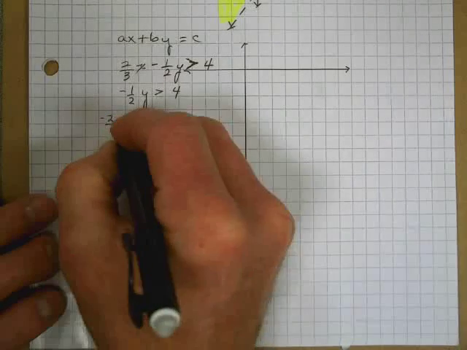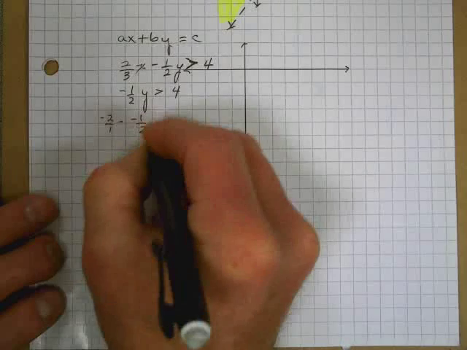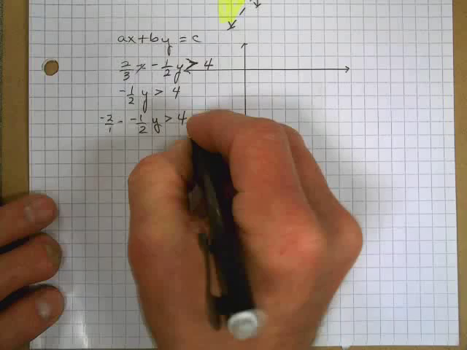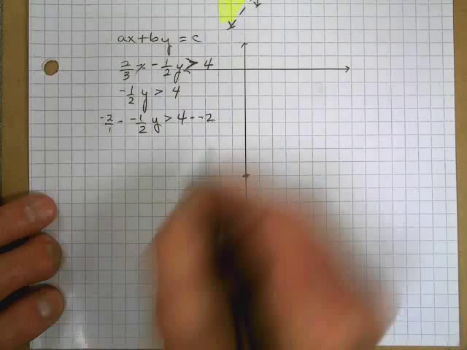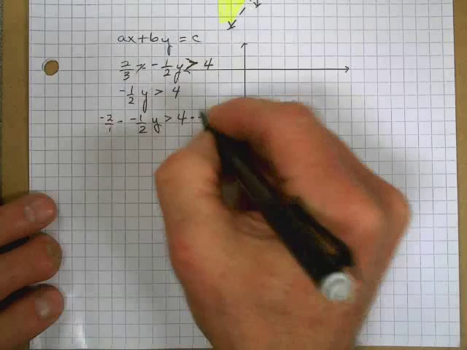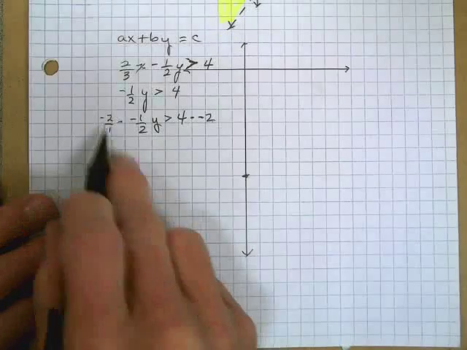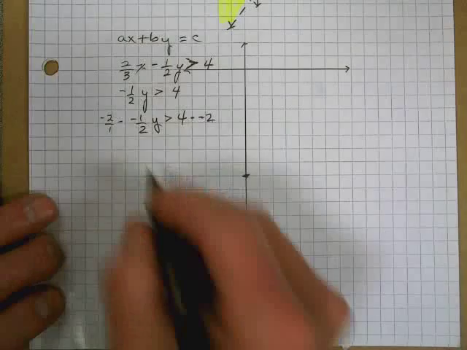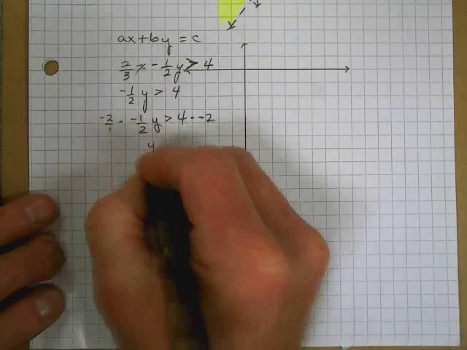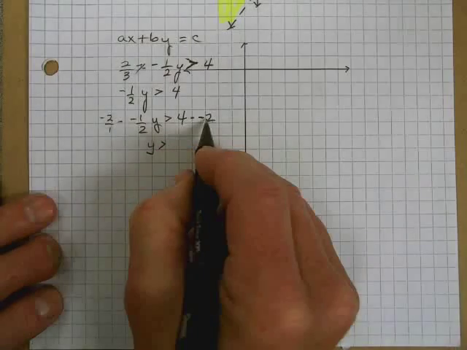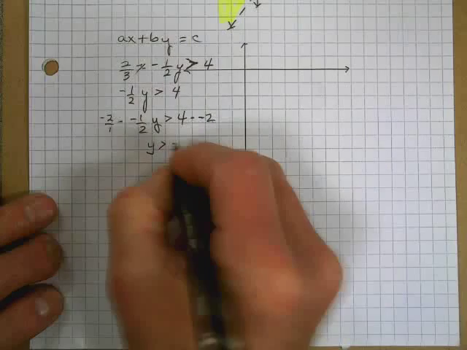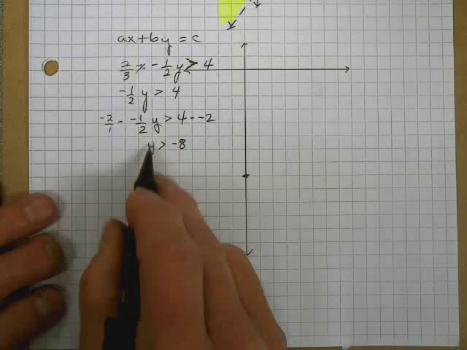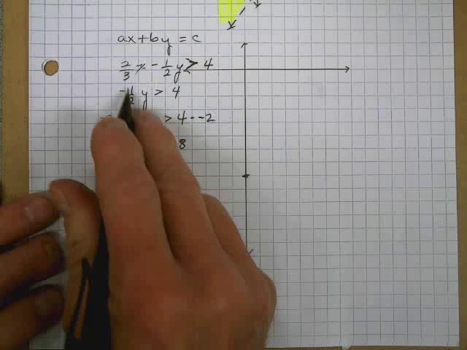So we have negative 2 over 1 times negative 1/2 y is greater than 4 times negative 2 over 1, or negative 2. Notice that a negative 2 times a negative 1/2 is 1, and so that leaves us with 1 y is greater than 4 times negative 2, which is negative 8. So there's our y-intercept, and that's how I got that value.